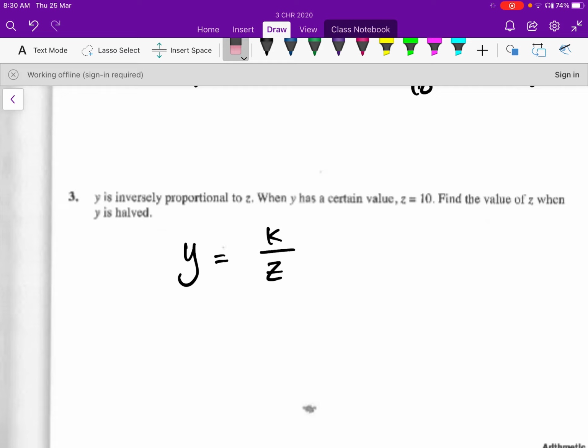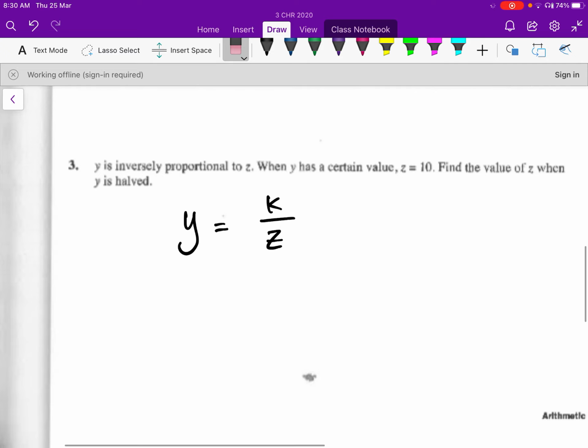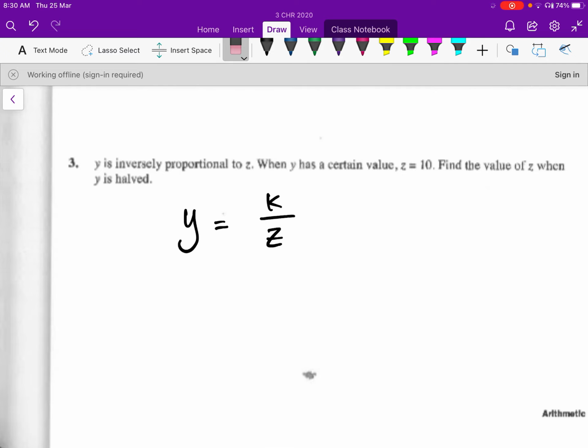The more men we have, the less time required. Okay, when Y has a certain value, Z equals to 10. So we write down a certain value. Let's call it Y1. This is our certain value. That is our Y1.